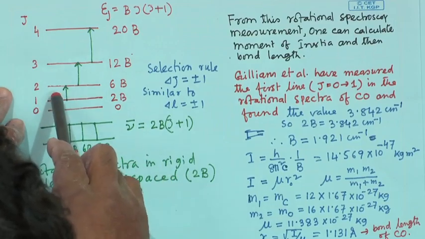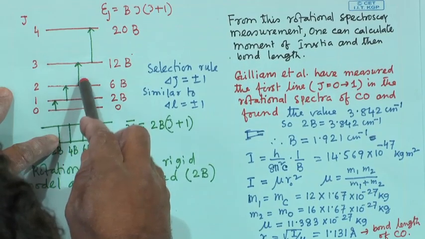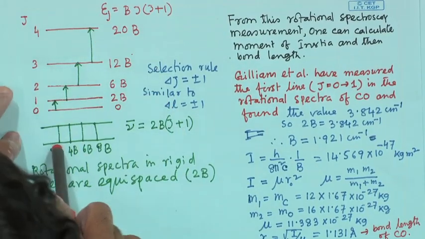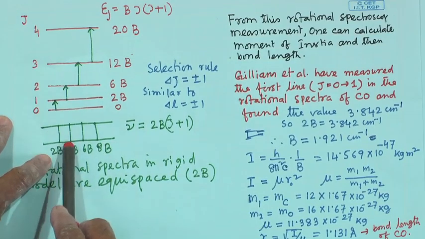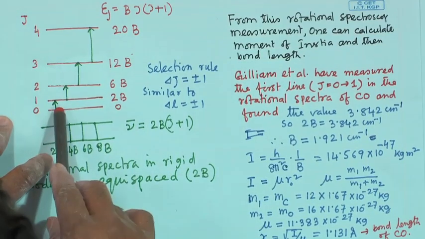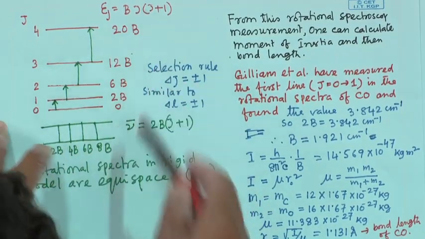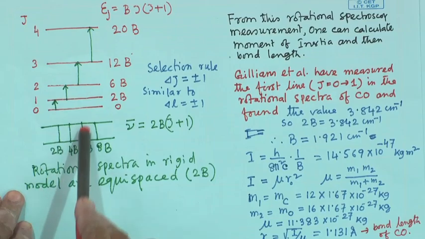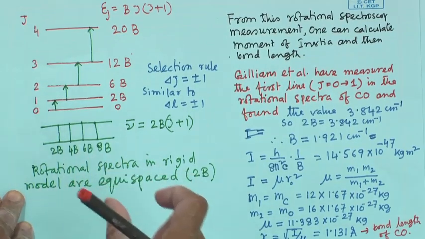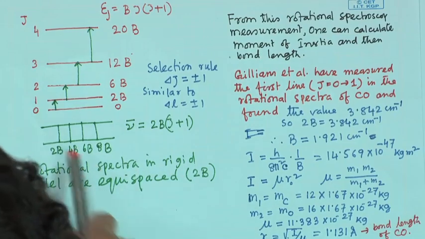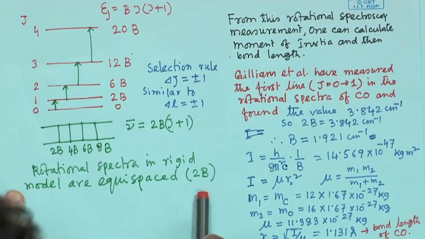This transition will give one spectral line. Next 1 to 2, 2 to 3, 3 to 4 give the corresponding spectral lines, and the energies of the spectral lines are 2B, 4B, 6B, 8B. That means the spectral lines are equally spaced, equispaced, and the difference between two spectral lines is 2B.